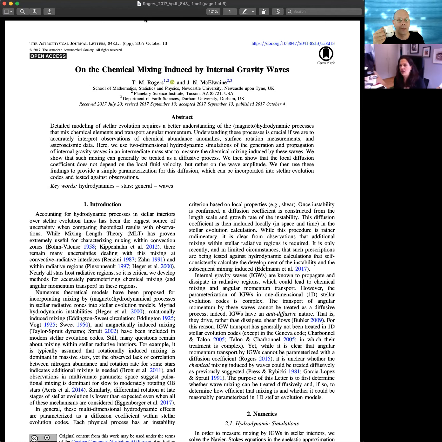And that all comes down to mixing and angular momentum transport in stellar interiors. Of course, most of our modeling of stellar evolution is one-dimensional, and almost all of these problems can ultimately be traced back to how we deal with multi-dimensional problems like mixing and angular momentum transport, turbulence, convection, overshoot, and all those sorts of things.